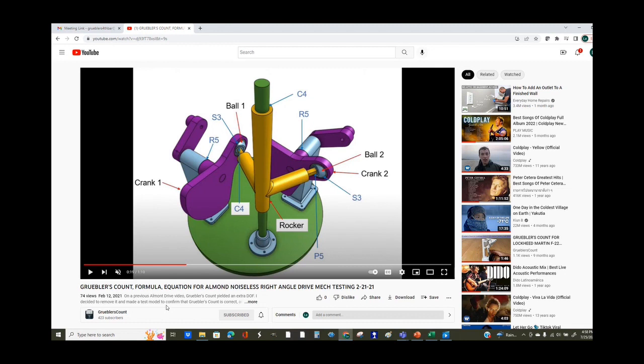So the key to this, I was going to make a t-shirt for Gruebler's, like a 4-bar linkage, it would be like 5 plus 5 plus 4 plus 3 equals 1. Basically, when you have a 4-bar, you have 2 revolute joints, a ball joint, and a universal joint. That's how you get it to not bind. In a cylinder, it's the same way.